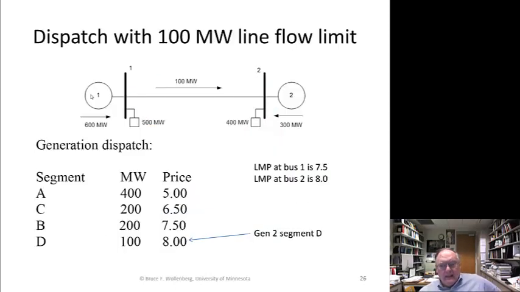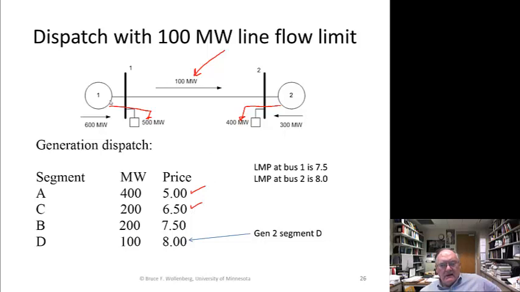Now, if we limit the flow here to 100 megawatts, that's the key to this. Well, I will get 400 over here at the price of 5. I will get the 200 over here at the price of 650.